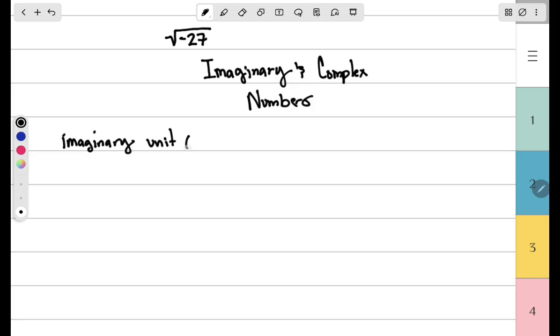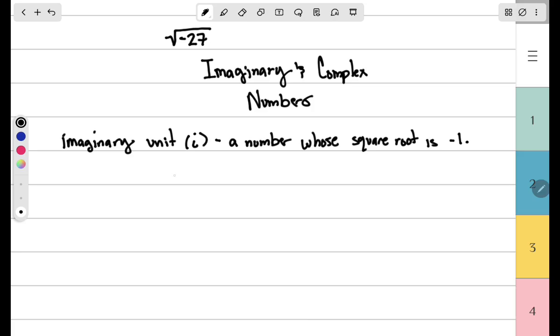The symbol is a lowercase i. This represents a number whose square root is -1.